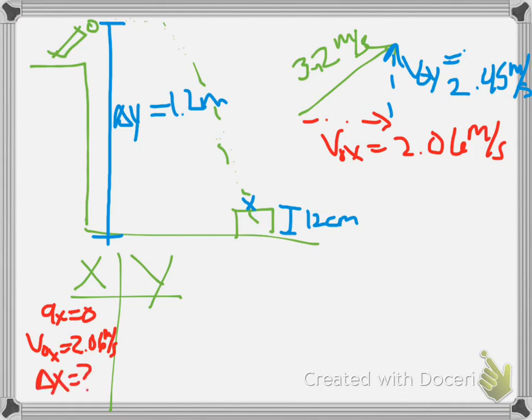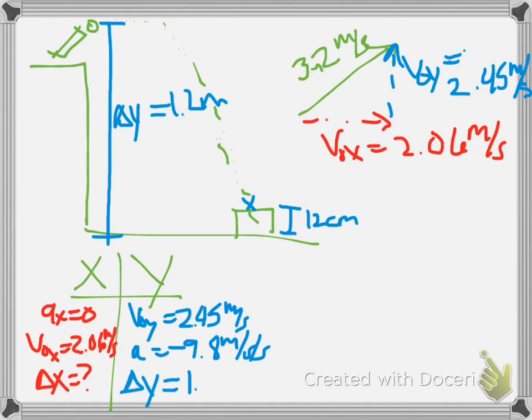In the y direction, we want an initial velocity in the y direction to be 2.45 meters per second. We know the acceleration is a negative 9.8 meters per second squared. And we know the delta y would be 1.2 meters, but subtracting off the height of the cup of 0.12 meters, and that would be 1.08 meters. So why do we do this? Well, again, we want to make sure that we don't hit the side of the cup.